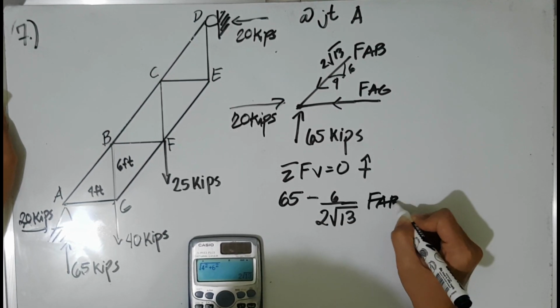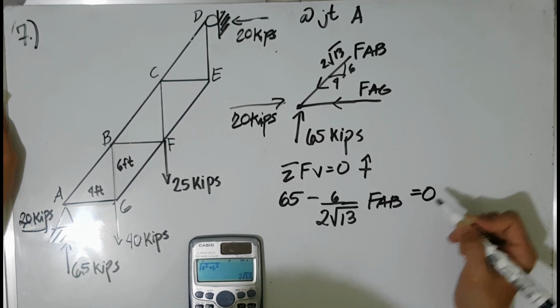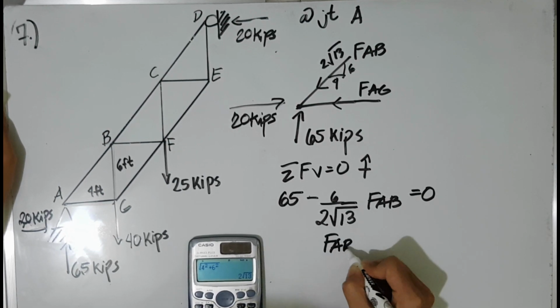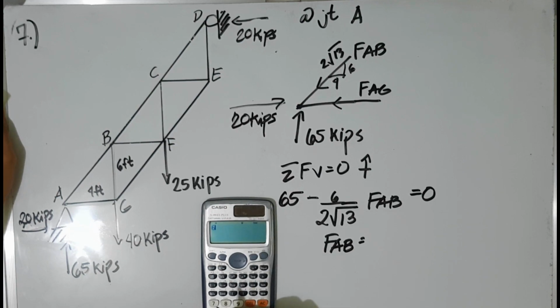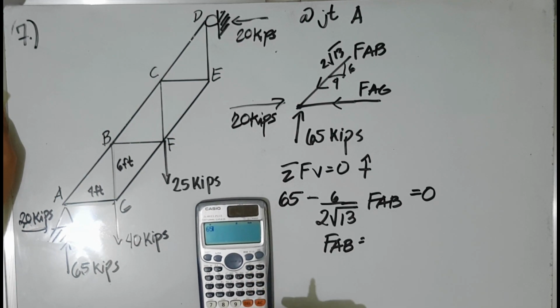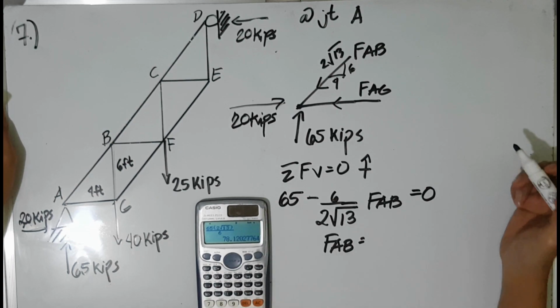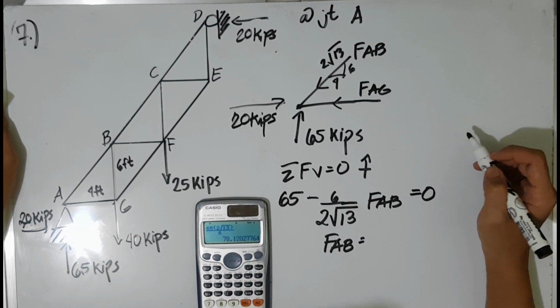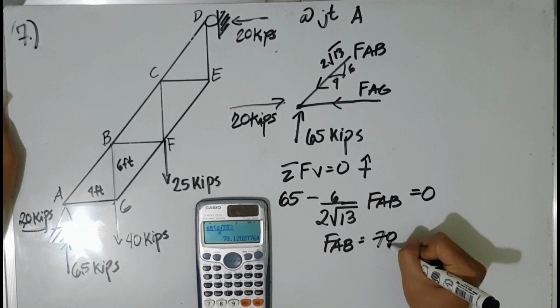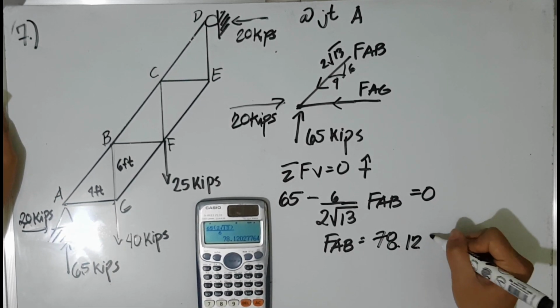Therefore, force AB is now equal to 78.12 kilopounds.